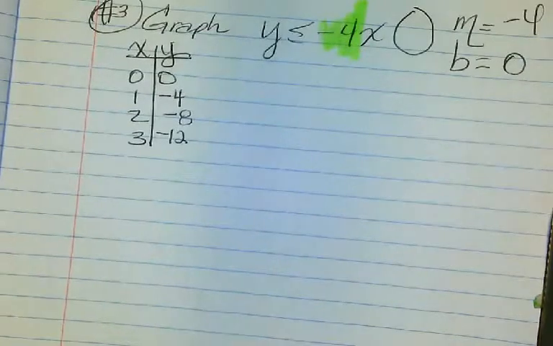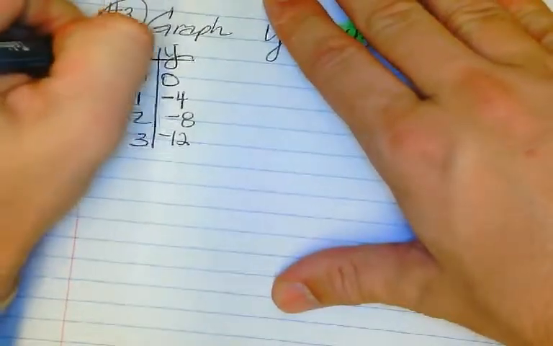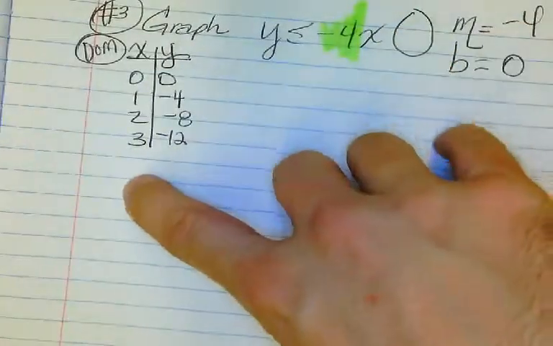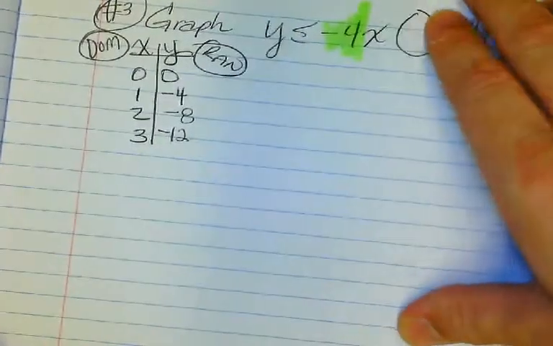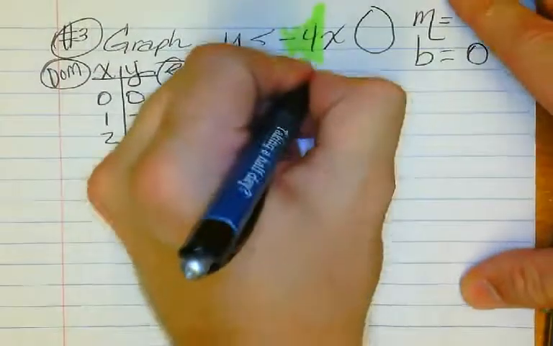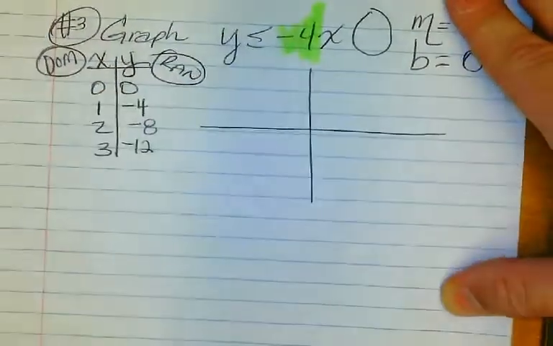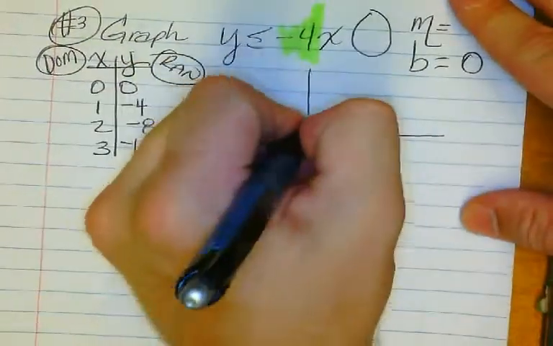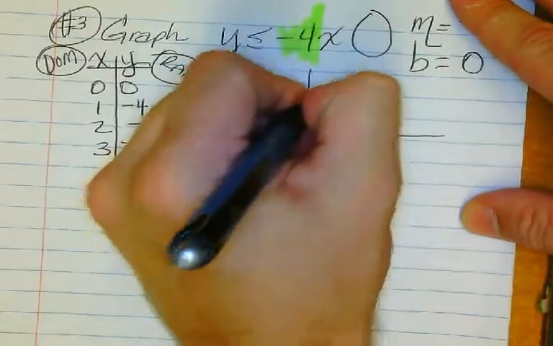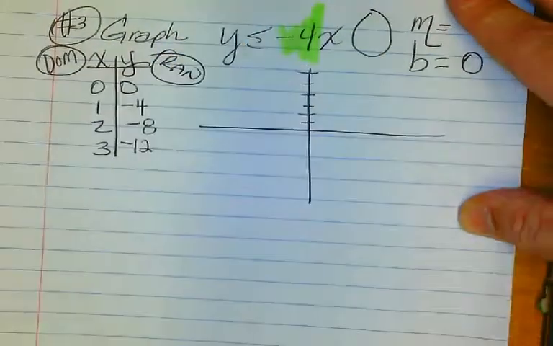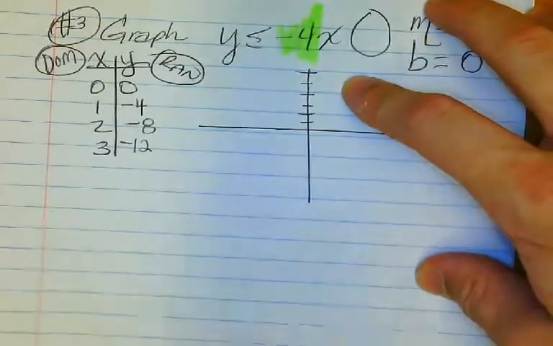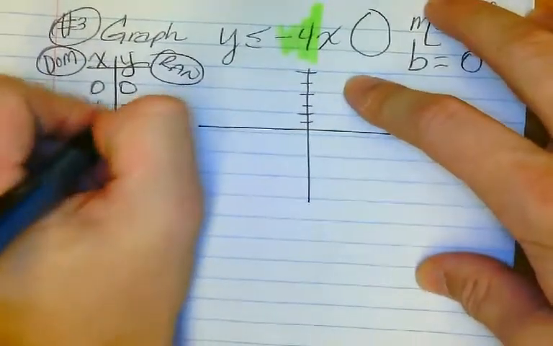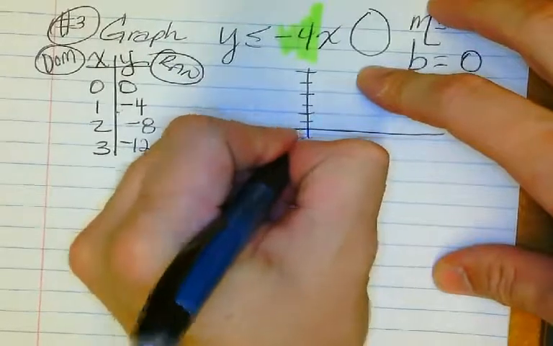All right, so this means that your domain looks like this, and your range looks like this. And we're now getting to graph it. This is our final answer. So we have 1, 2, 3, 4, 5, 6 on the y-axis. We also need to go down because I see a lot of negative values on my range.